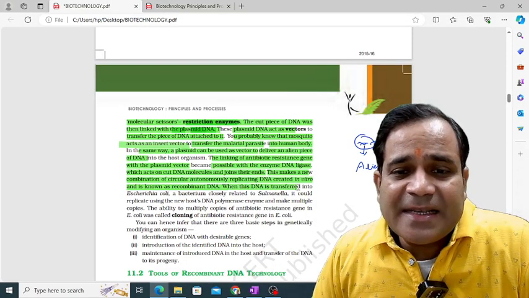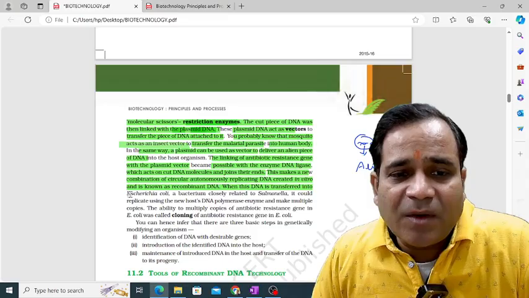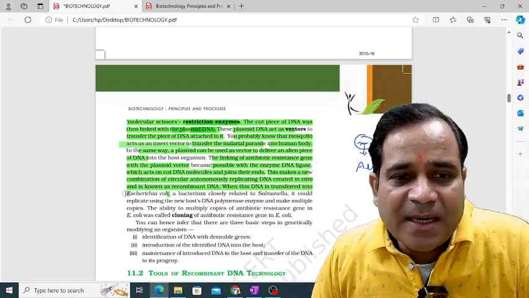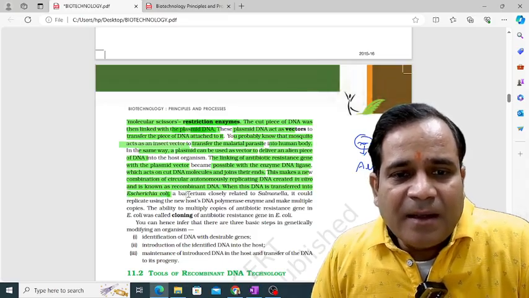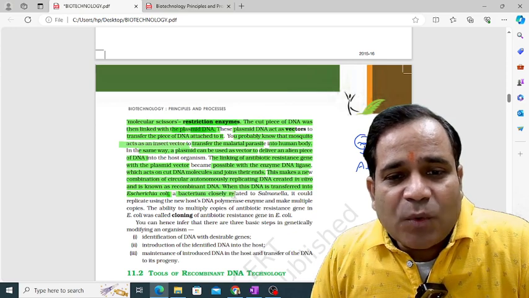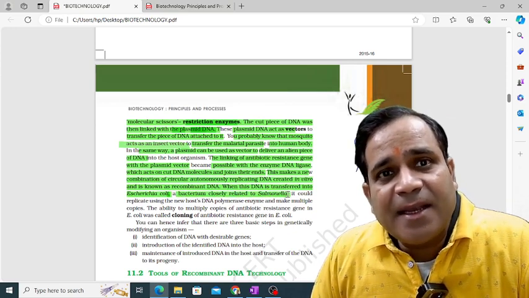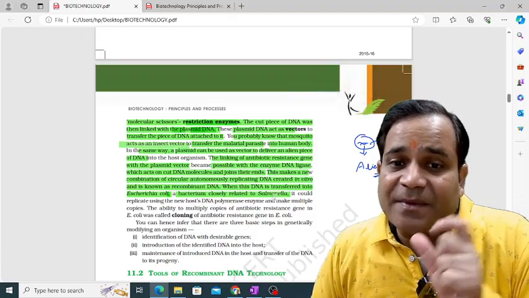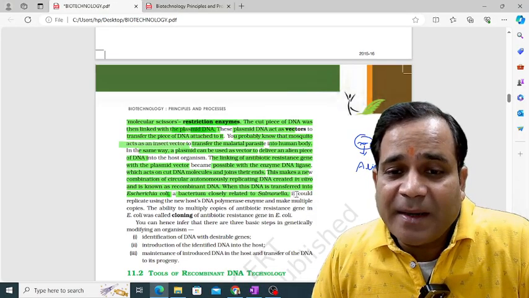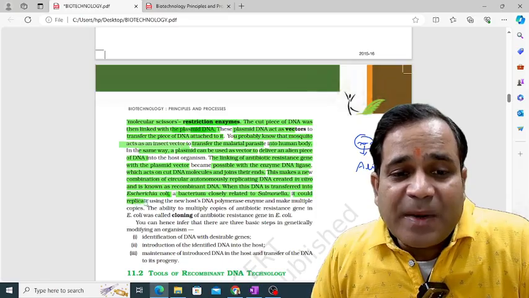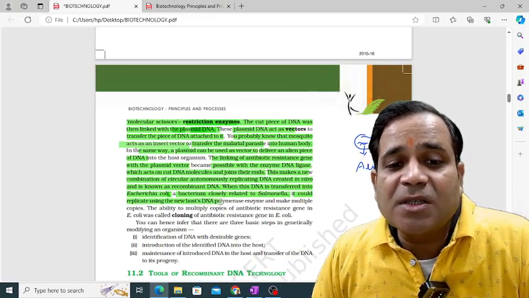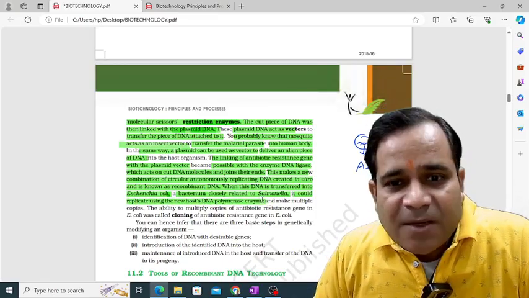When this DNA is transferred into E. coli, a bacterium closely related to Salmonella, it could replicate using the new host's DNA polymerase enzymes.